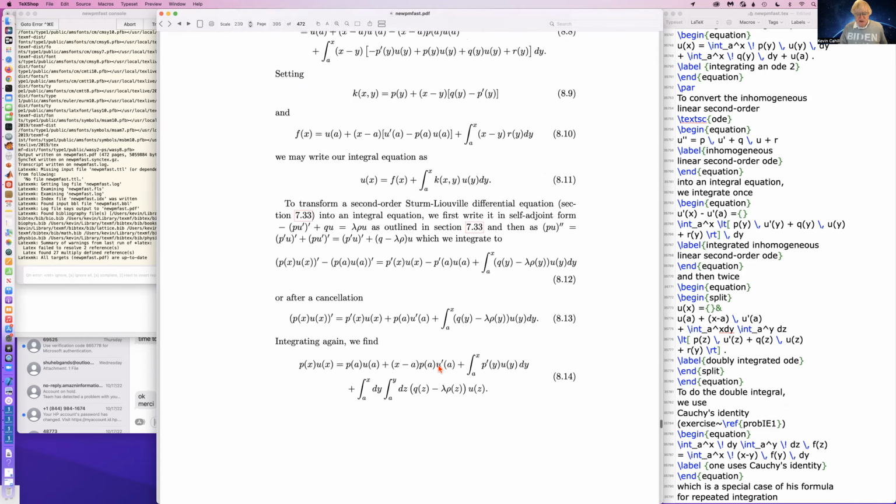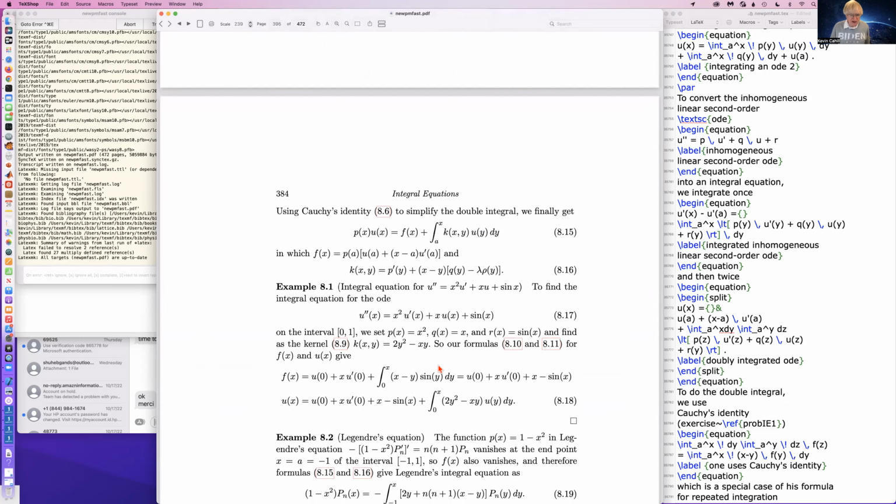So I thought what I'd do is give you an example of starting from a differential equation and going to the integral equation. And so the one that I worked out this afternoon as an example, and let me first get rid of this business here.